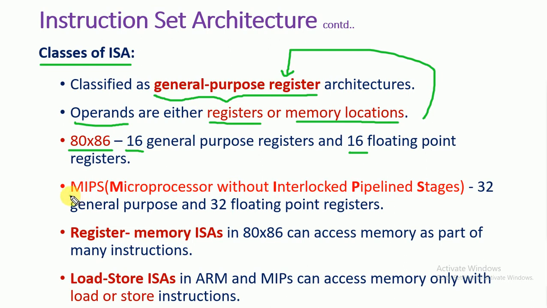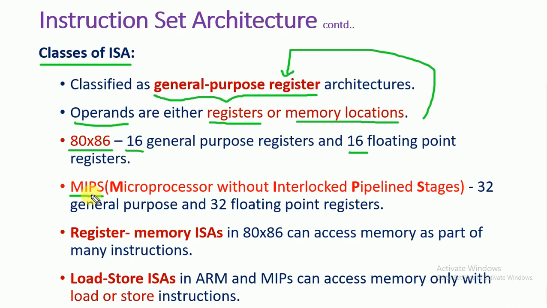Another processor architecture is the Mips architecture, which stands for microprocessor without interlocked pipeline stages. Mips was a commonly used processor in earlier years.